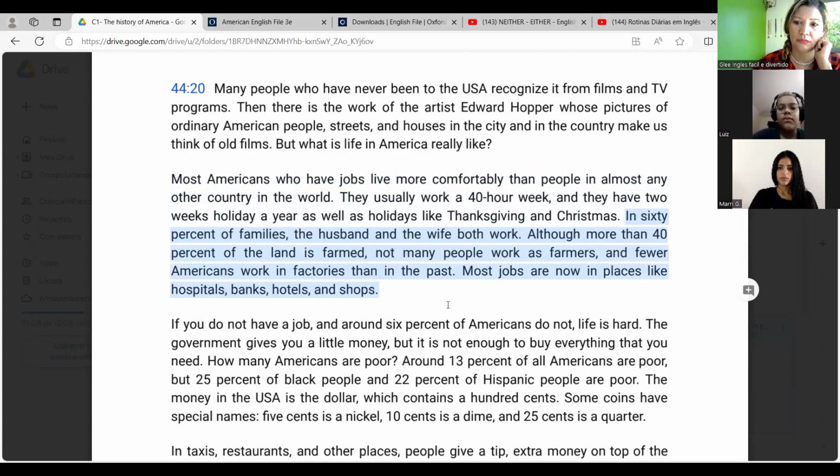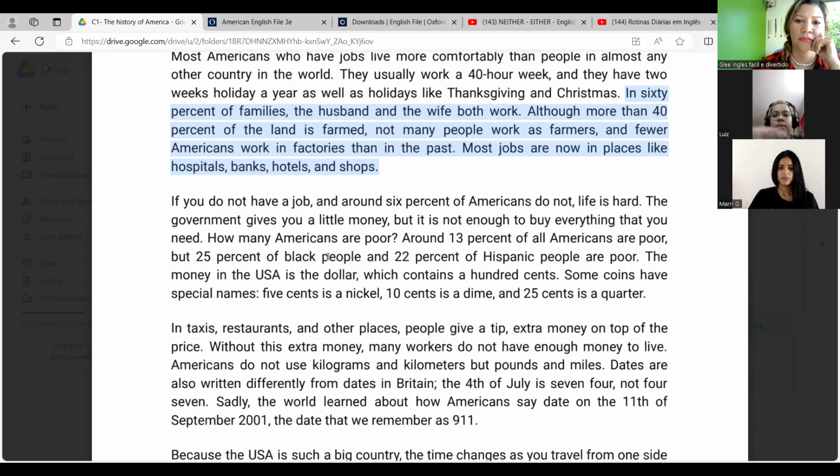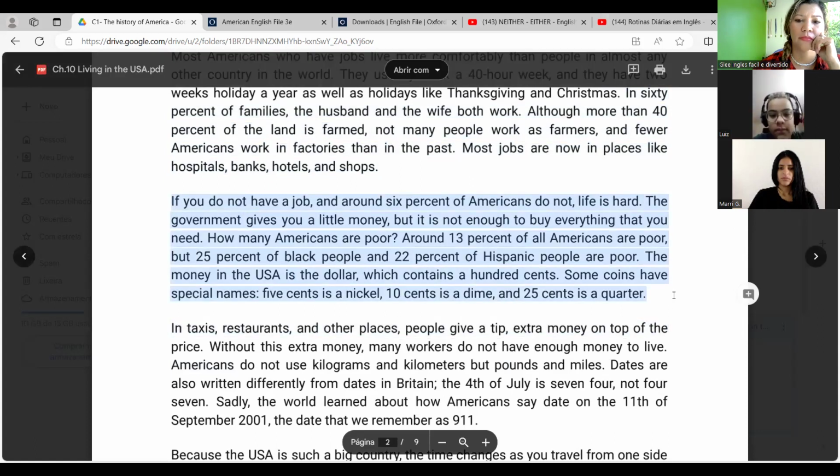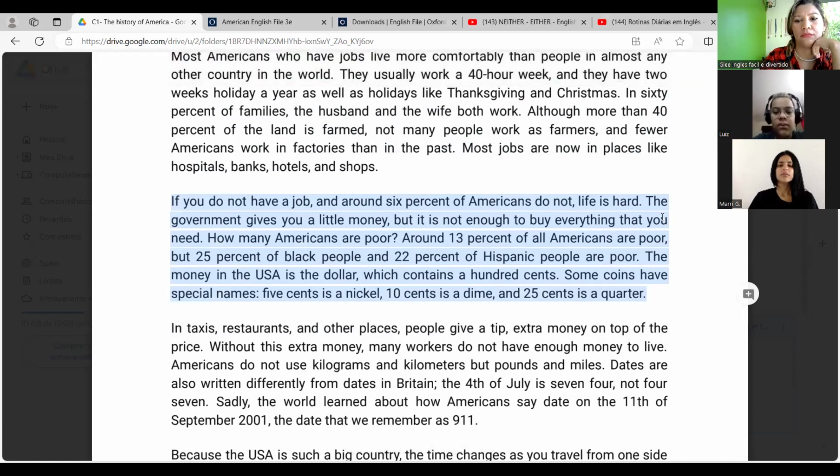Although more than 40% of the land is farmed, not many people work as farmers, and fewer Americans work in factories than in the past. Most jobs are now in places like hospitals, banks, hotels, and shops. If you do not have a job, and around 6% of Americans do not, life is hard. The government gives you a little money, but it is not enough to buy everything that you need.